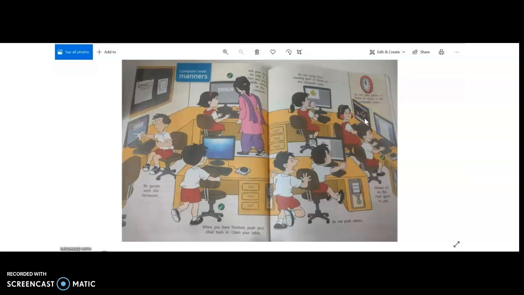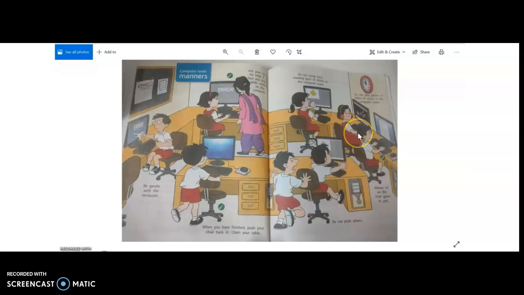Previously, we have learned about the monitor, the keyboard, the CPU, and also WordPad. In this way you can learn the exercises and practice how to use your desktop rather than play games and listen to music. Don't do that, children.